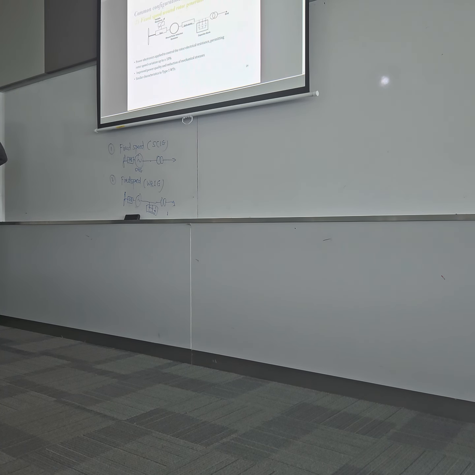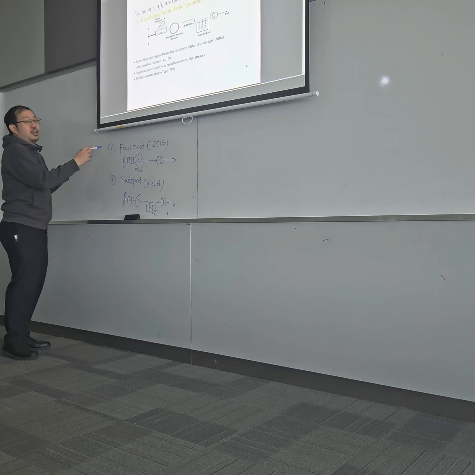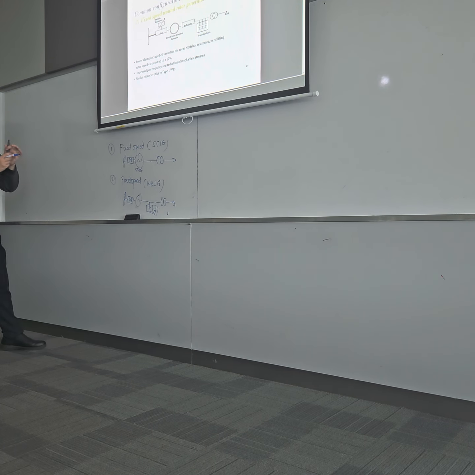But overall, the characteristics are the same as the Type 1 wind turbine. Both of these fall under the fixed speed category based on the speed classification earlier. And these were the two earlier types of wind turbine that we have.